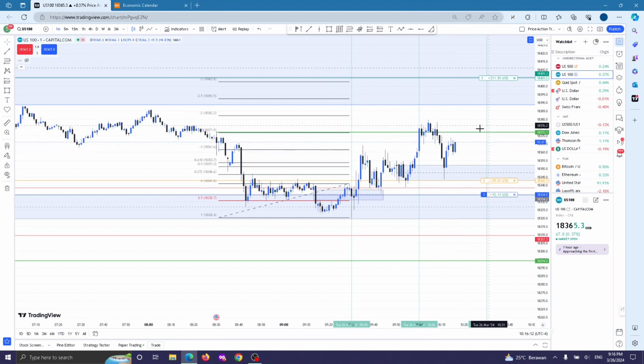Okay, it could do this, take the high, then 10:30 push lower, or it could soup something here. 10:30 higher. Let's just do that.